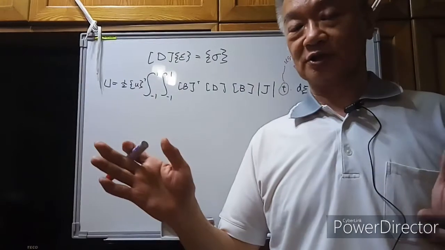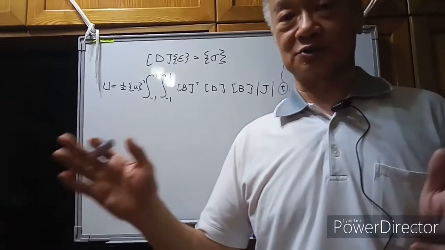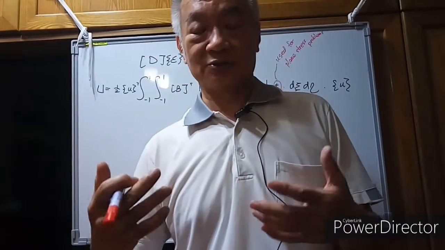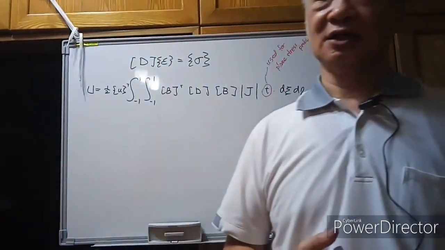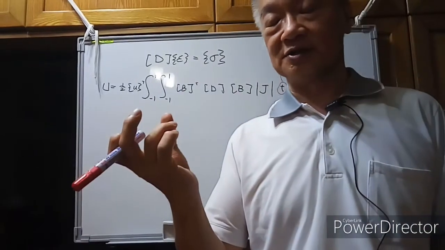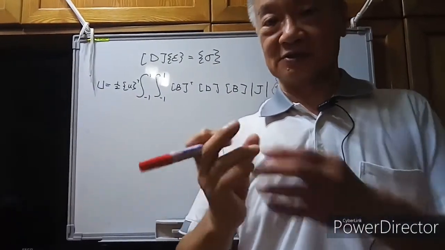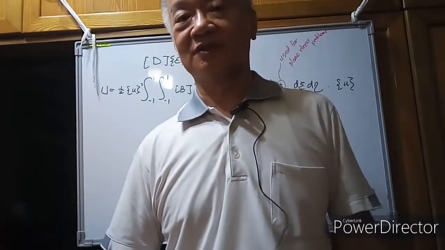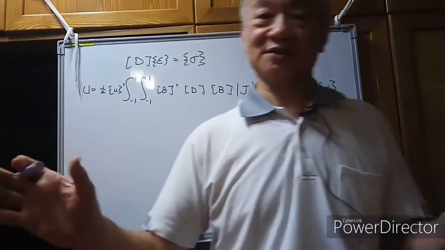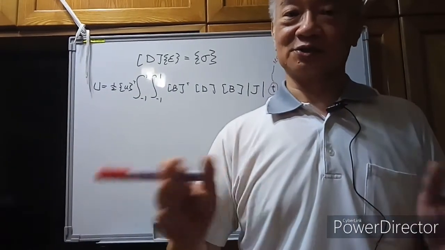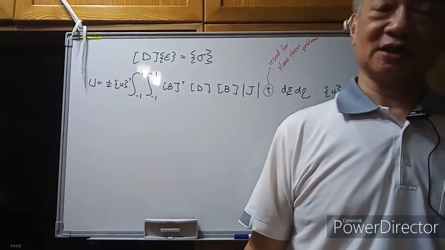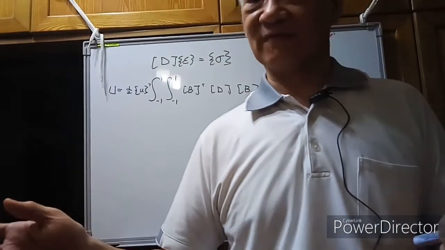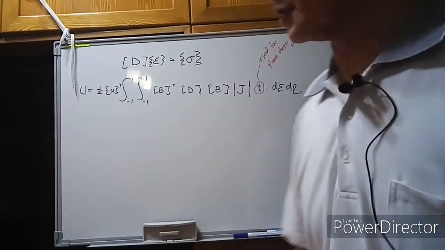The dimension along the z direction is close to infinity. So if we need to calculate the strain energy, even for a single element, since the thickness is close to infinity, the volume must be infinity. So there is no way you can calculate something whose volume is infinity. There is no way we can calculate this.